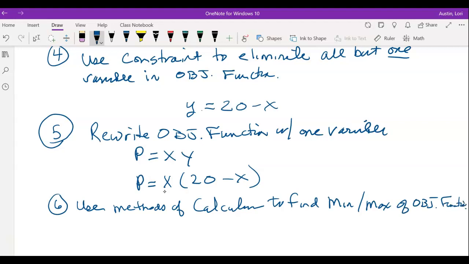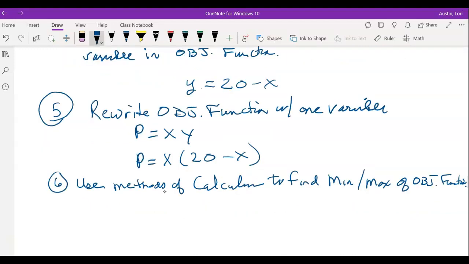In other words, we're going to take the derivative and set that derivative equal to 0, because that's how we find maxes and mins. That's what we did in the very first section of this chapter. We found maxes and mins, taking the derivative and setting it equal to 0.